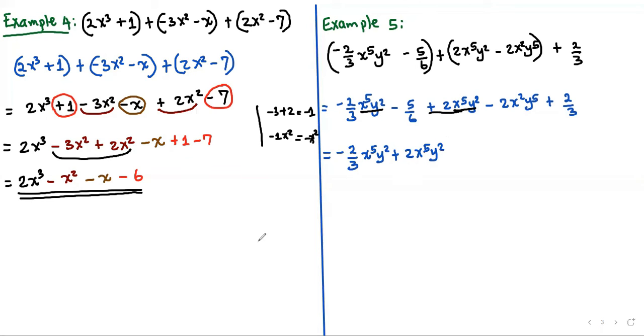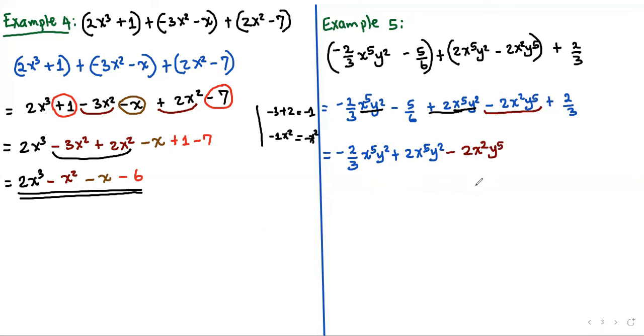I hope that is okay. Next, we get another x and y. So this one, we are having x squared y to the power of 5. So we will take it together with its sign. So we are going to write it as minus 2x to the power of 2, or you can say x squared y to the power of 5.